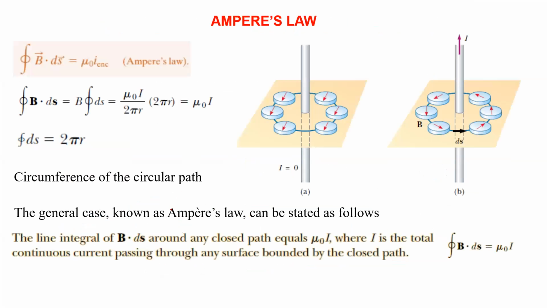So this is Ampere's law, just as we used the Biot-Savart law. Ampere was the scientist who gave this formula much before Biot and Savart. Ampere's law paved the way for the Biot-Savart law.